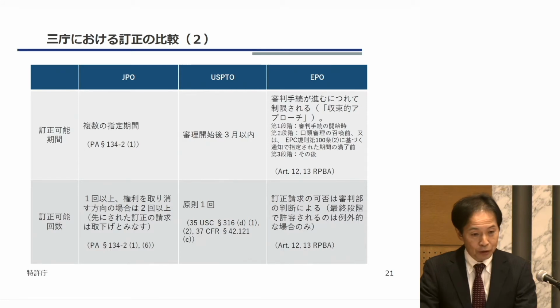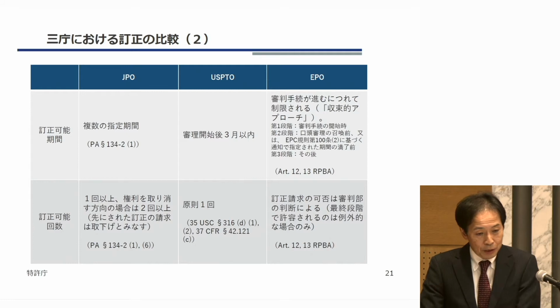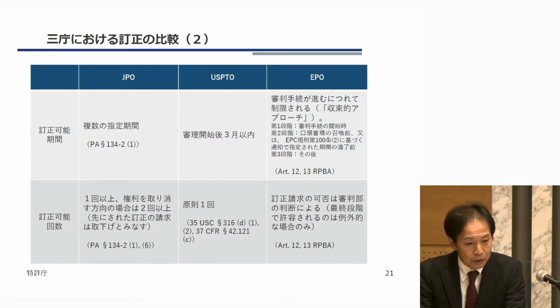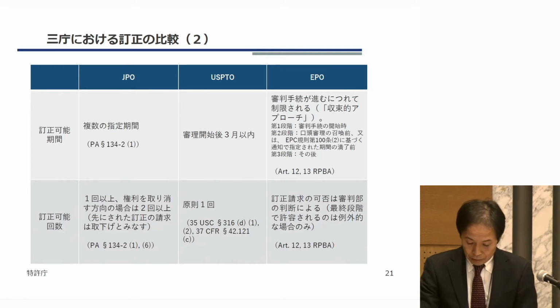And there's at least 2 occasions in Japan where you can issue a correction. For the USPTO, you only have less than half a month, and within 3 months of the start of proceedings, you have to issue the correction.